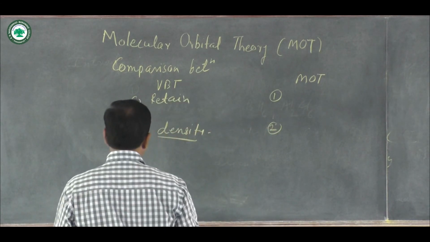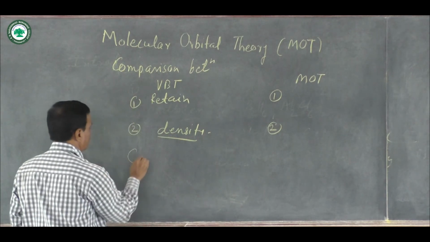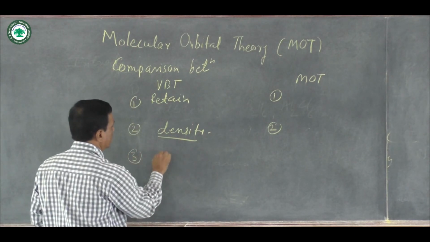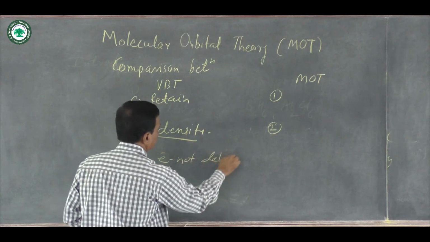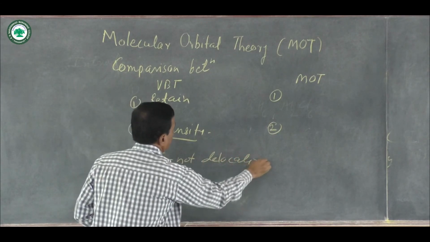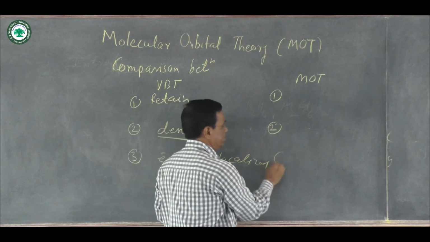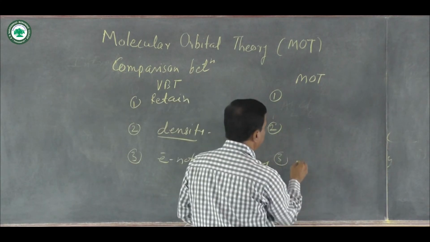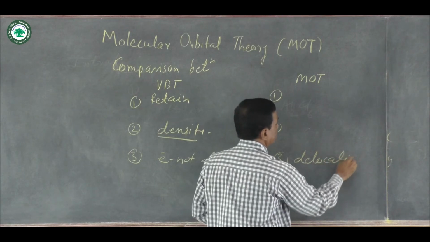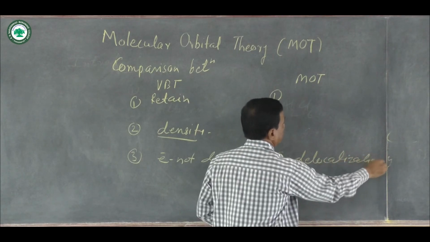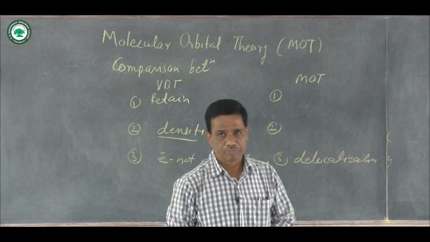Here in valence bond theory there is no delocalization, means electrons are not delocalized, but in molecular orbital theory there is a delocalization of electrons.